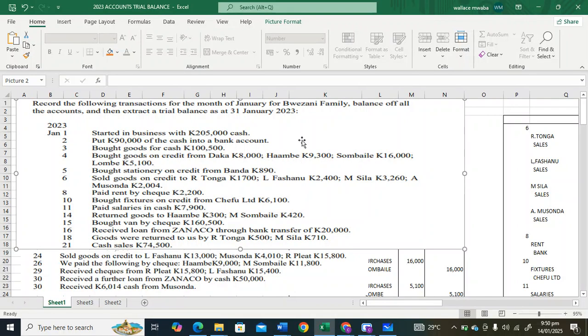If we wanted, we would have totaled all of these up. But as we're going to see later in the transactions, we are going to be returning some goods, so we need to open individual accounts for these payables: Daka's account, Hambe's account, Sombaile's and Lombe's account. Throughout, you'll be debiting purchases and crediting these payables. Are we okay, colleagues?